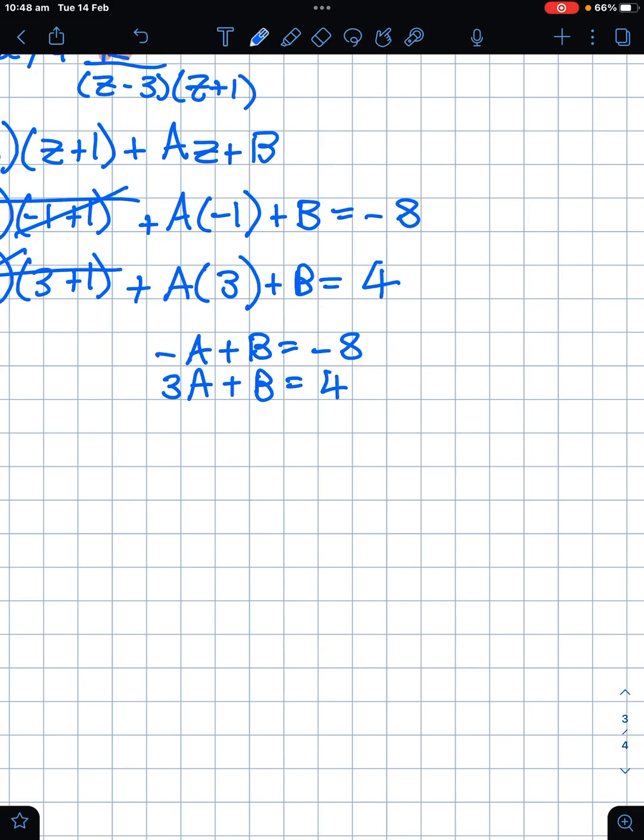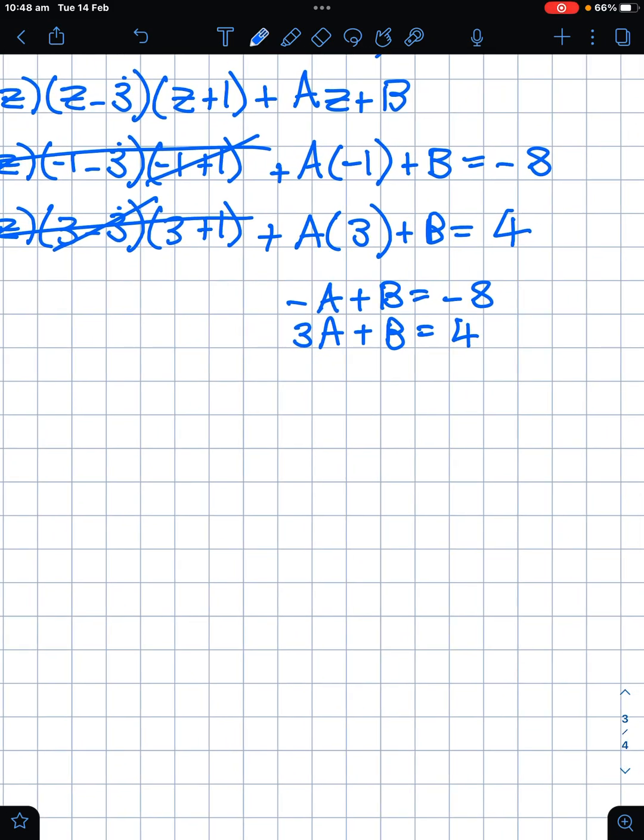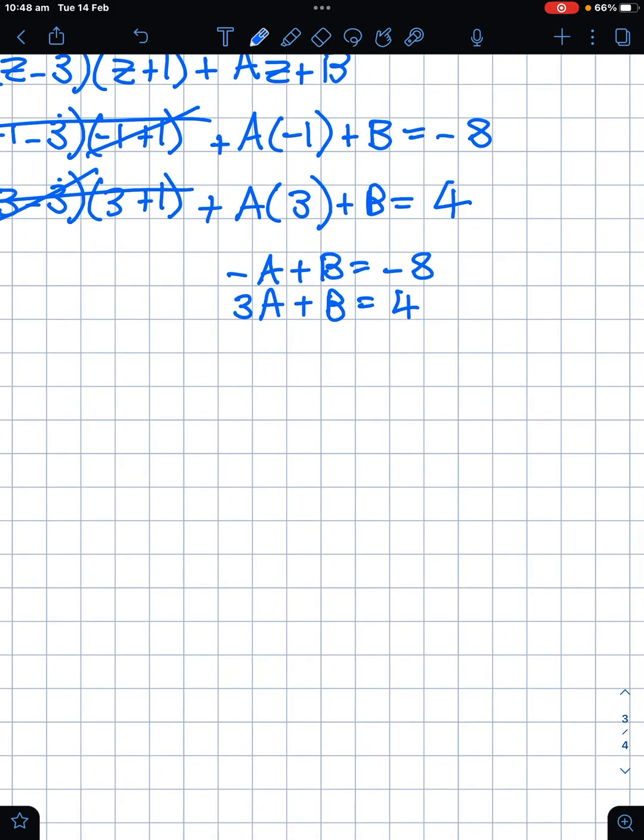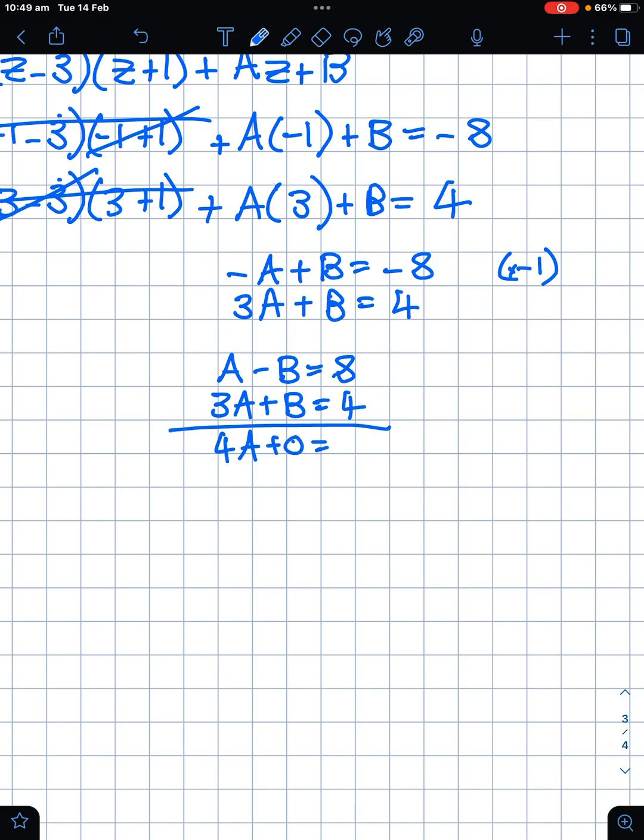All right, so we just now need to sub this in. I'm just going to flip the signs on one of them. So let's just times this one by negative 1. And so we're going to have a take b equals 8, 3a plus b equals 4. If I put them together, I get 4a plus 0 equals 12, so a equals 3.